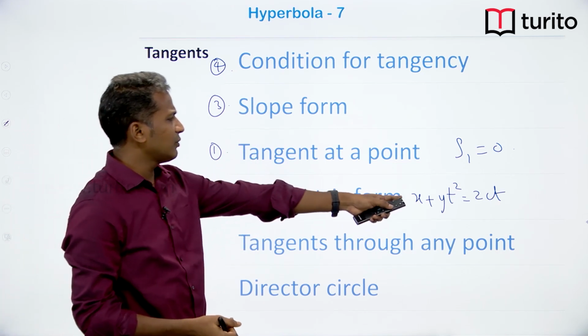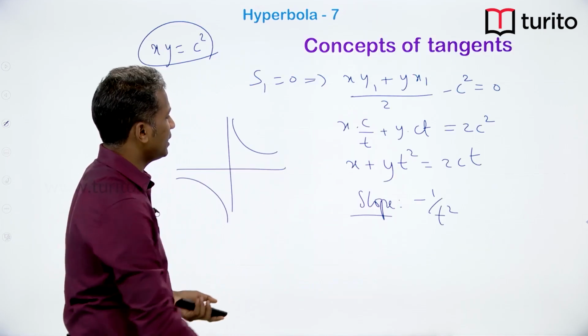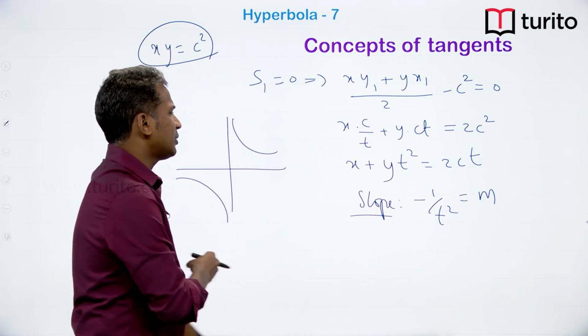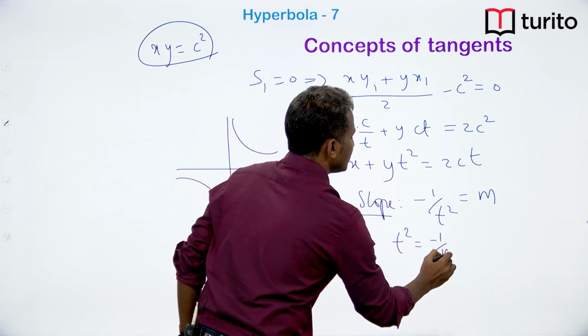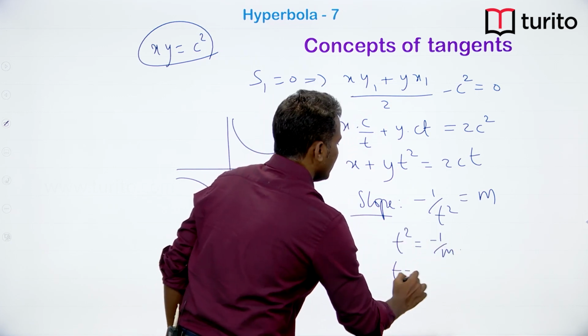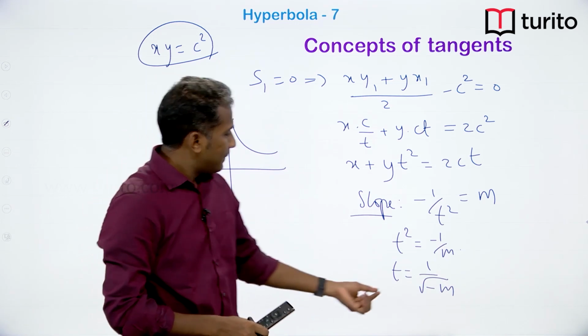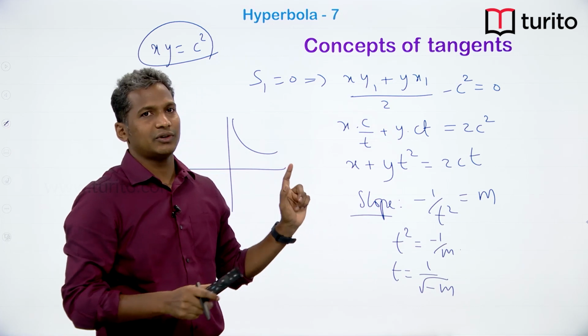Suppose I want to convert this equation of parametric form into slope form. How do we do that? We take this value to be equal to m. So, we are going to get t square equal to minus 1 by m, and t will be equal to 1 by root of minus m. Here minus m is a positive quantity because m is a negative quantity.